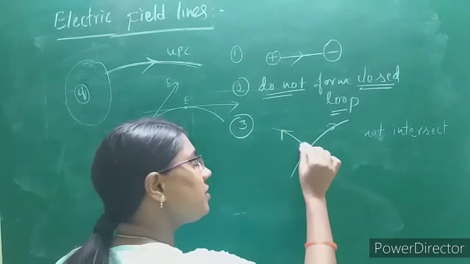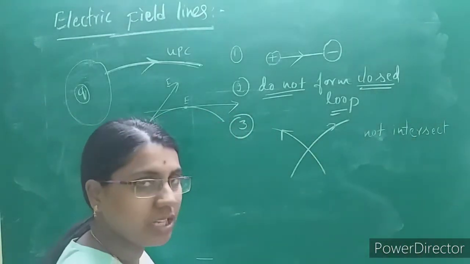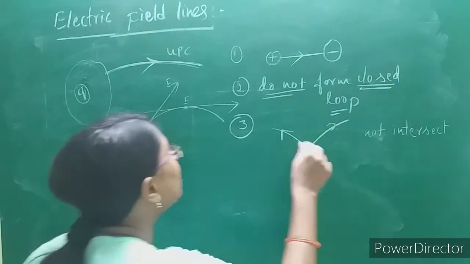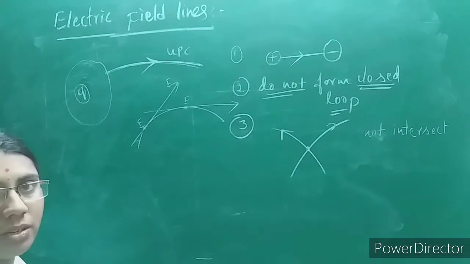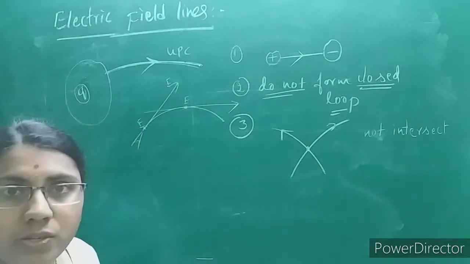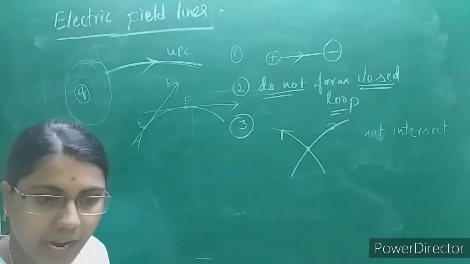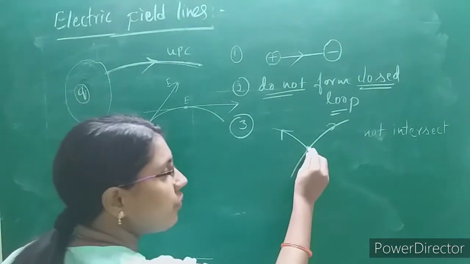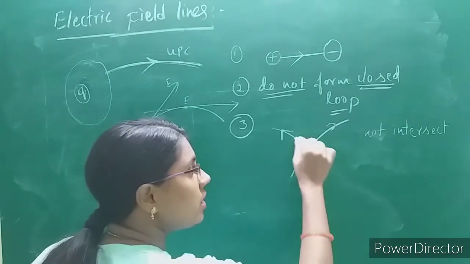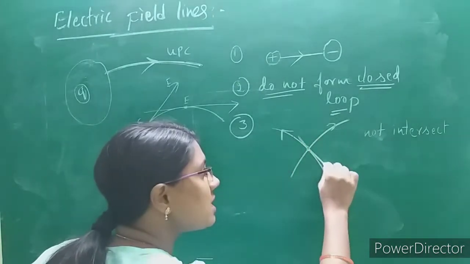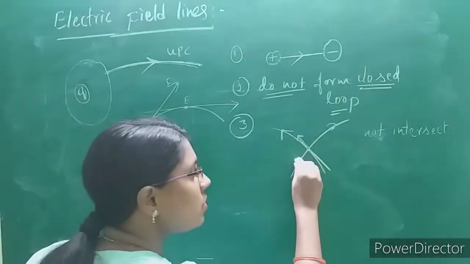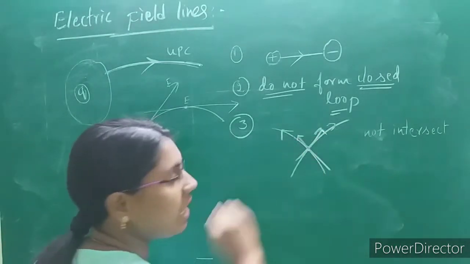Suppose two field lines intersect each other. At the point of intersection, according to the definition, the tangent drawn at any point of the field line gives the direction of the field, right? So if we draw a tangent at this point for both field lines, we can draw a tangent to this field line and a tangent to this field line also.